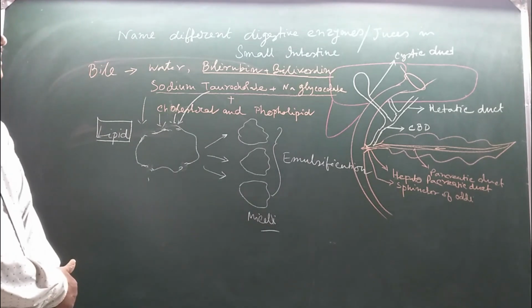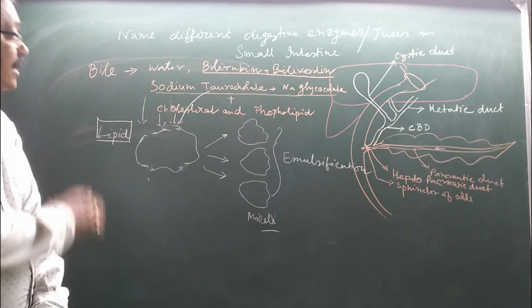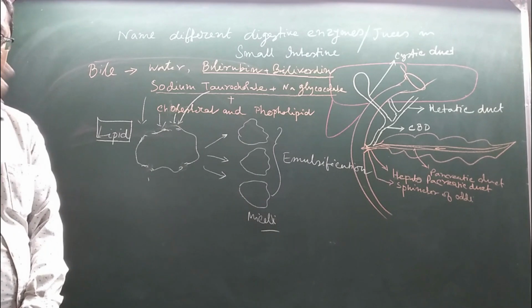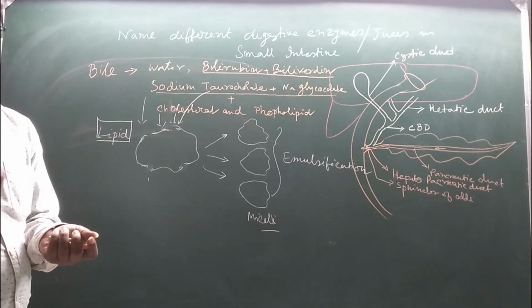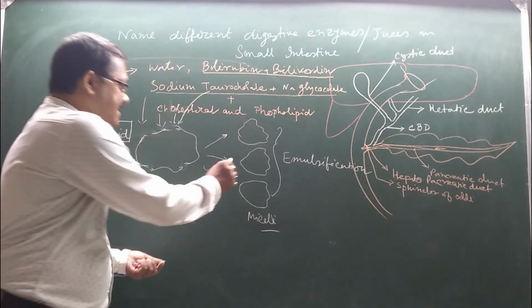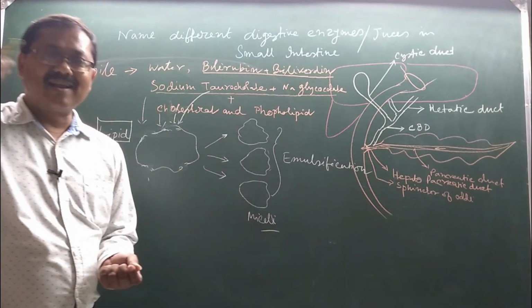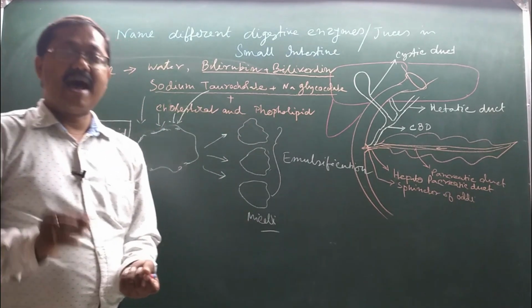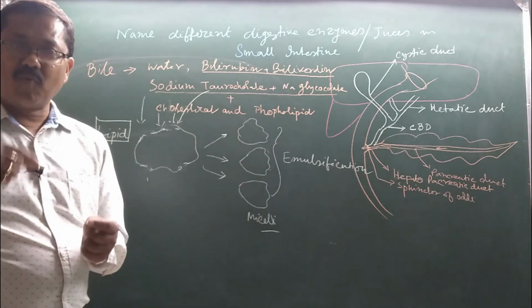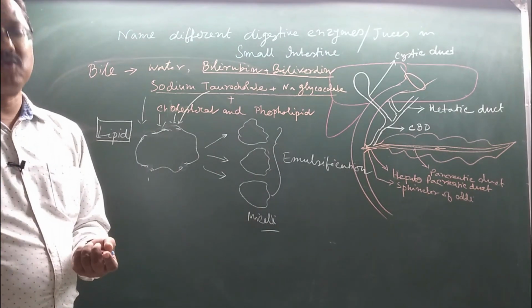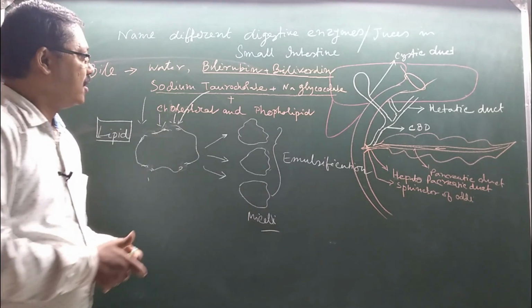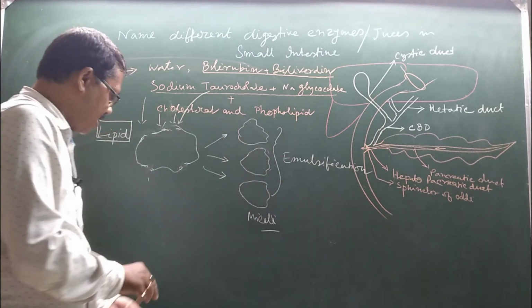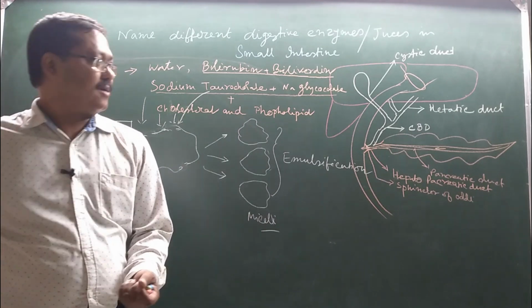By producing many micelles, the surface area increases, so that the enzymes of the pancreatic juice can interact with these lipid molecules, and they are fragmented into smaller fatty acids, glycerol, monoglycerides and diglycerides. This is the main function of the bile in digestion.